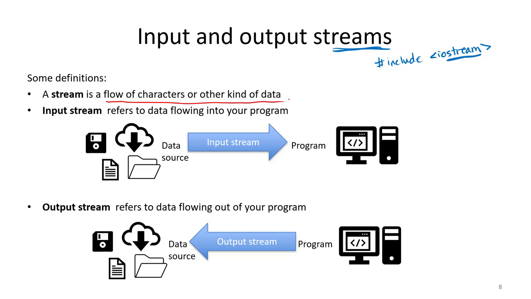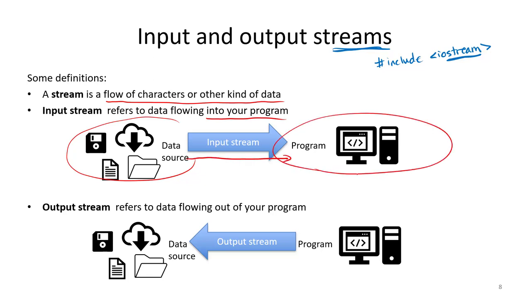And so an input stream refers to data flowing in to the program. For example, we could have data coming from a file, from the keyboard, from the cloud, and we send that data through an input stream into our program.